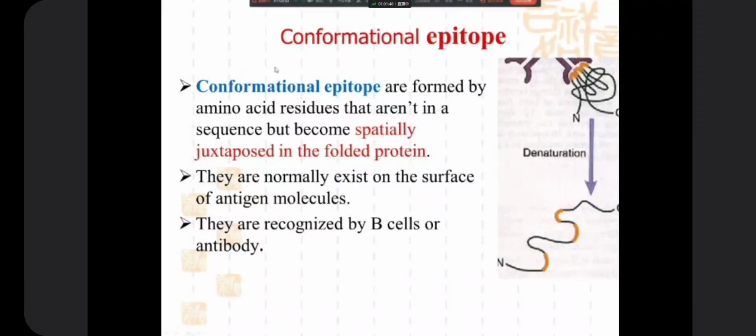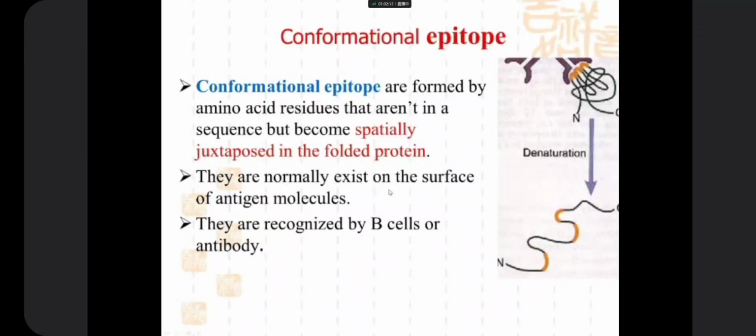Okay, this is conformational epitope. Conformational epitopes are formed by amino acid residues that are not in a sequence but become spatially juxtaposed in the solid protein.